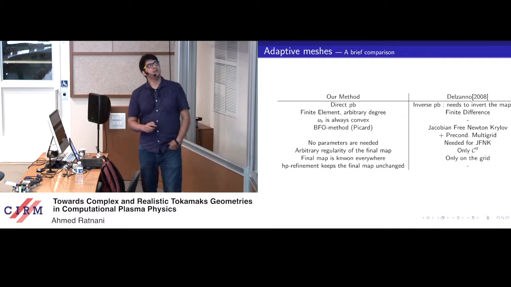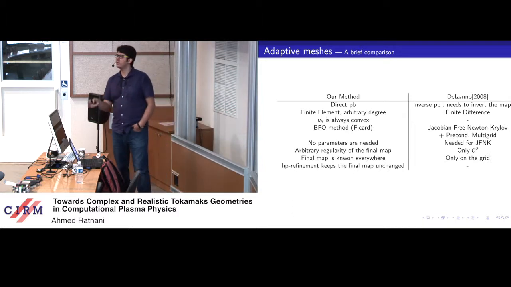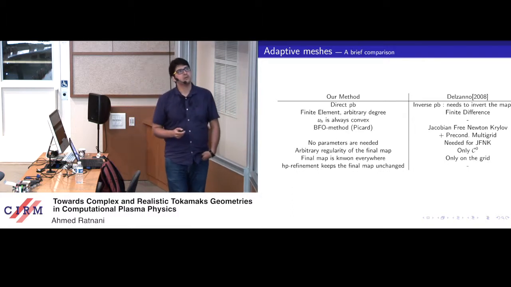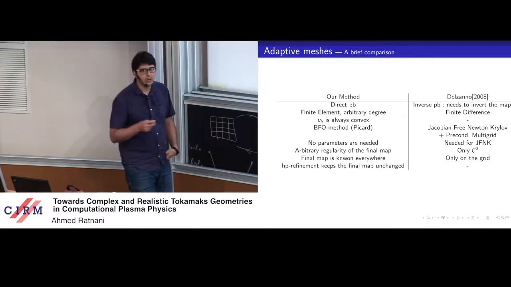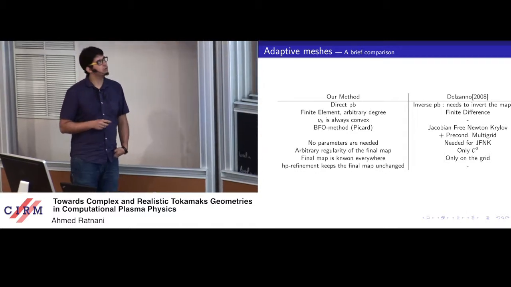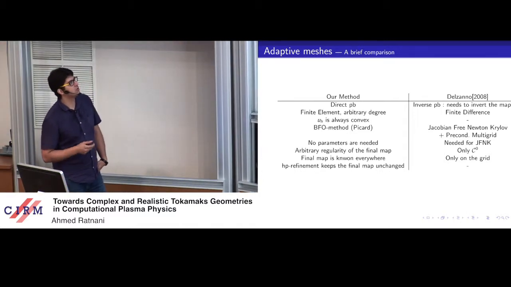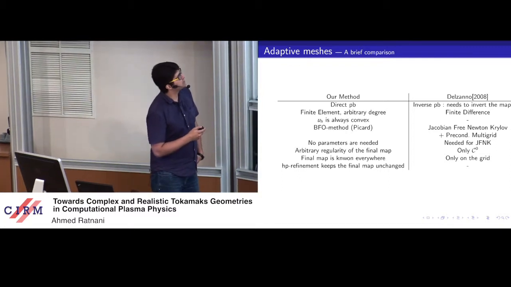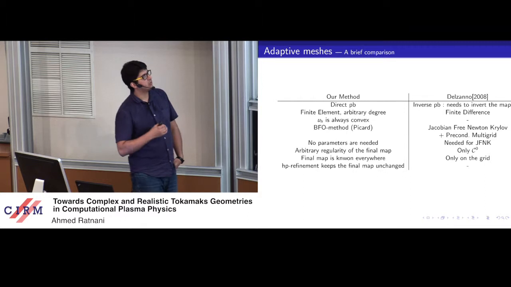And then the final map is known everywhere. But for the other works, the mapping is known only on the grid, on the discrete grid, on the points that you specified for your grid. And then you can use an hp-refinement strategy to keep the mapping unchanged.